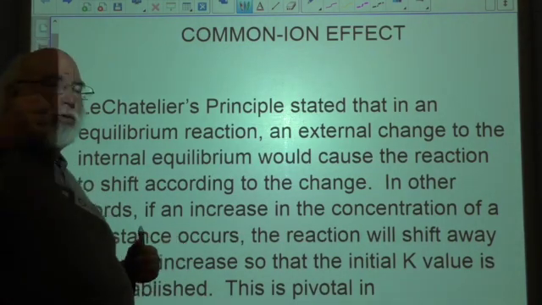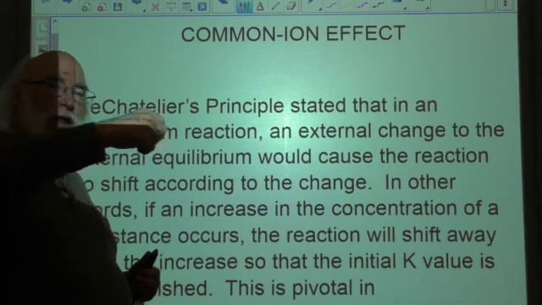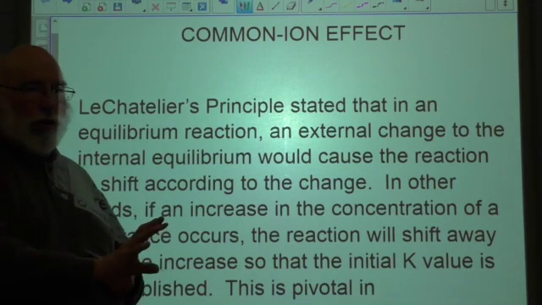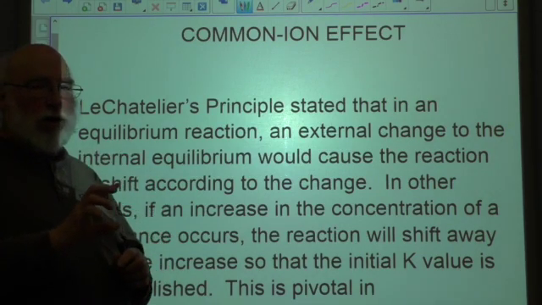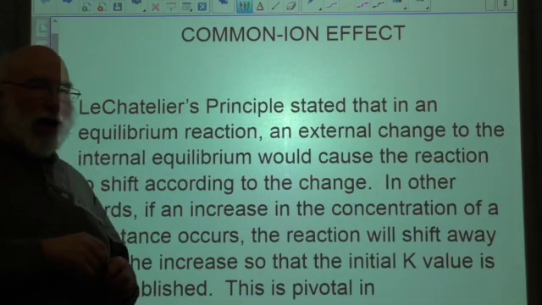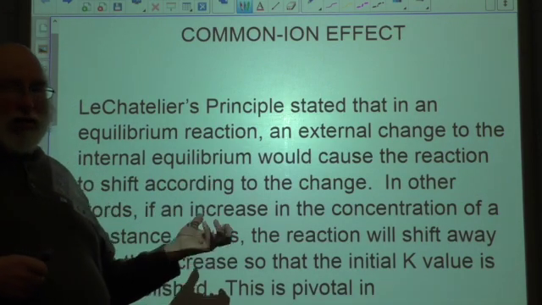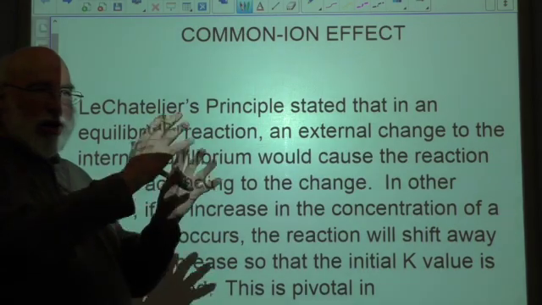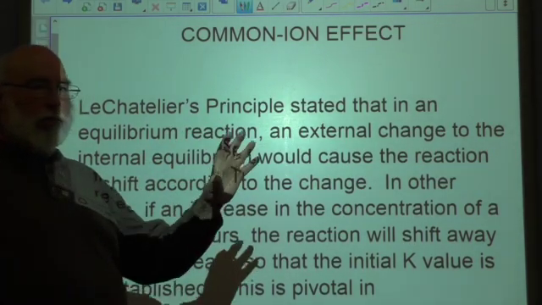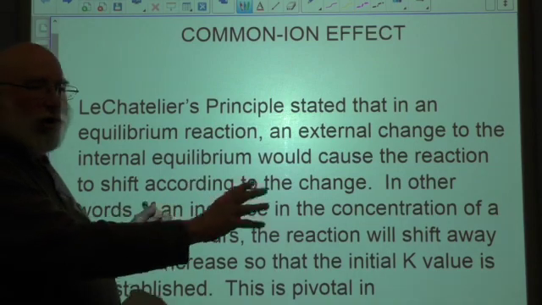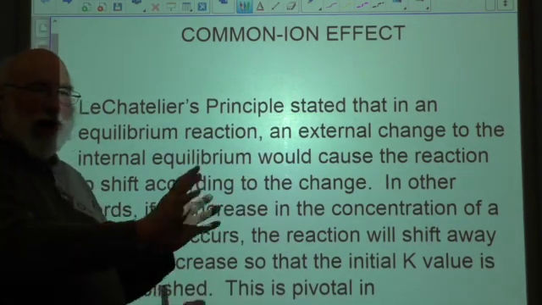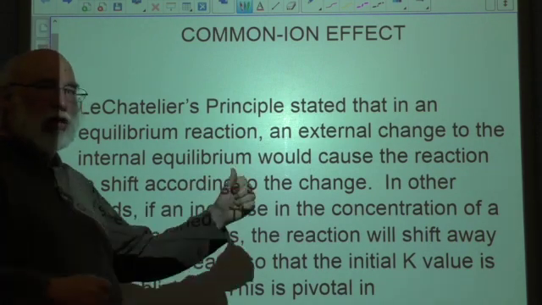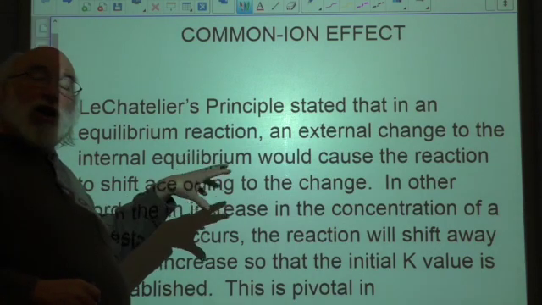So if you were to externally bring in a compound onto a solution that is at equilibrium, you're going to disrupt that if one of the two ions of that compound that you add is found in the mixture. Because you've dissolved that compound, you've created these two ions, and one of them on the product side gets increased, and that means the reaction is going to shift away from that increase, shift to the left, which means it's going to make that compound less soluble.